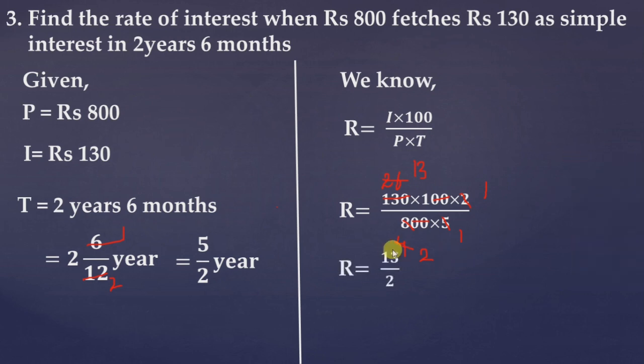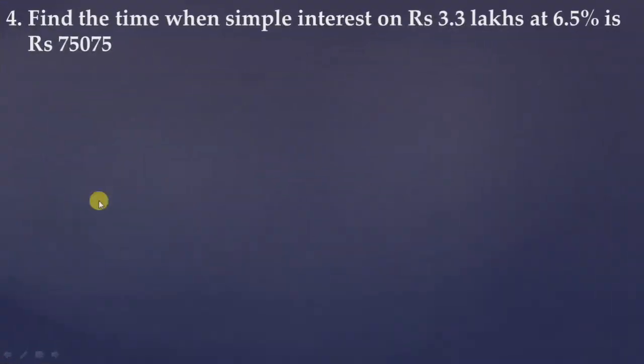So it's 13 by 2. 13 by 2 means it's 6.5% per annum. So our rate of interest is 6.5% per annum.